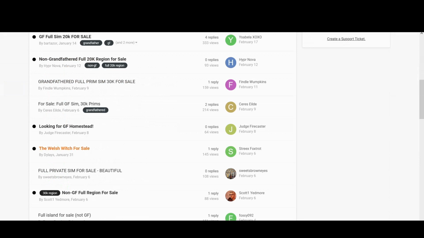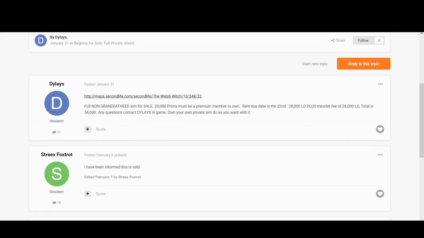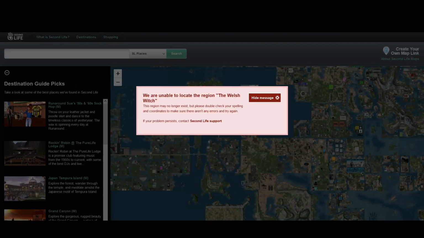But full non-grandfathered, 20,000 prims. Rent due date is the 22nd. 28,000 Lindens plus 26,000 for the transfer fee. This is absolutely spectacular. And if somebody bought it, I don't blame them.